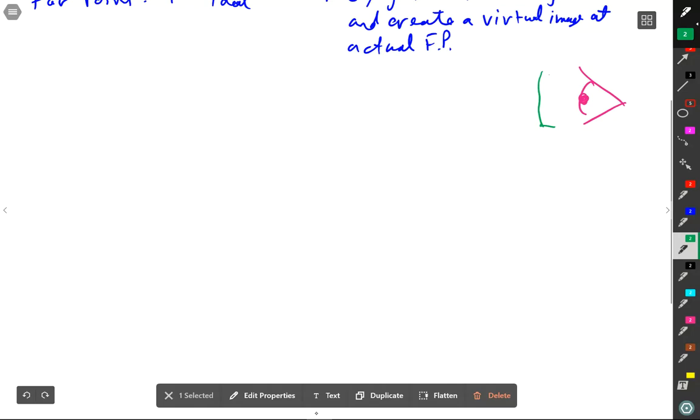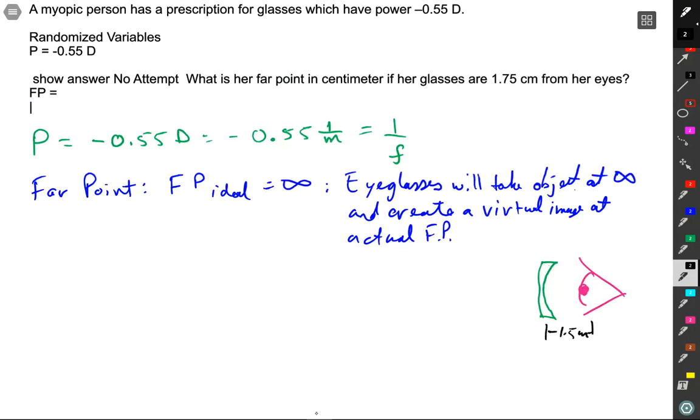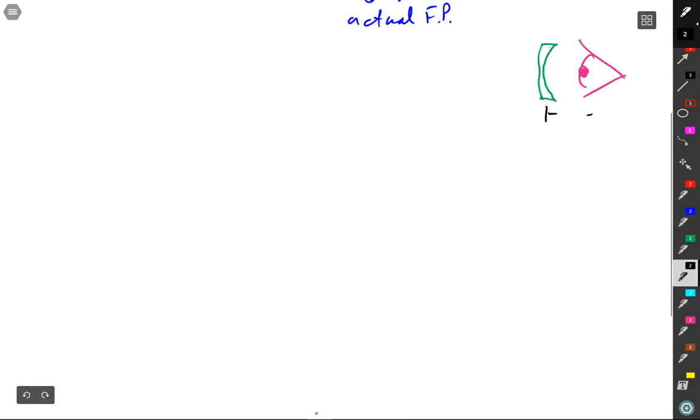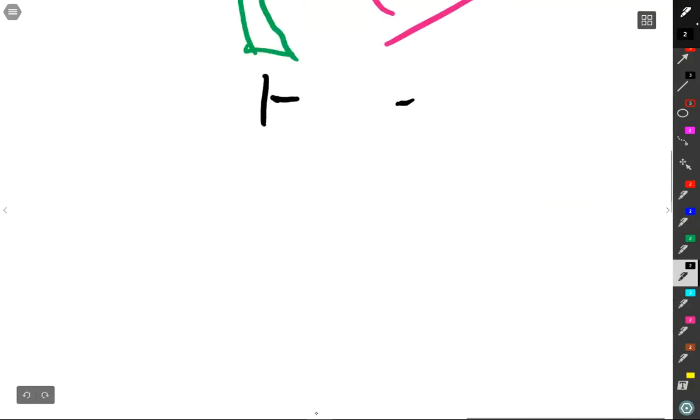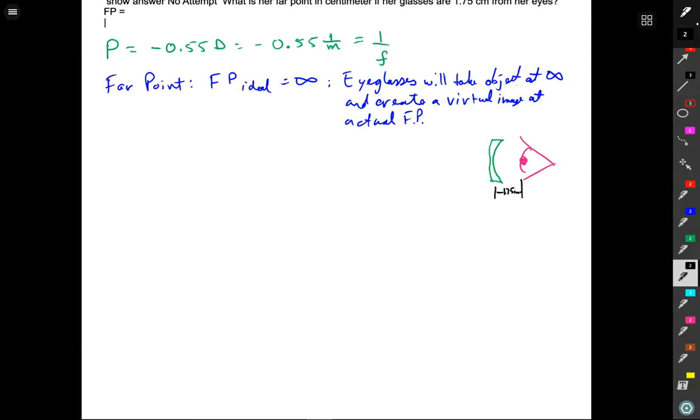Remember we talked about in class, it's going to be a concave meniscus lens to correct. And we're given that that lens is 1.75 centimeters from the eyeball. Make it bigger so I can fit the 1.75 in there. And then we have the object at infinity.